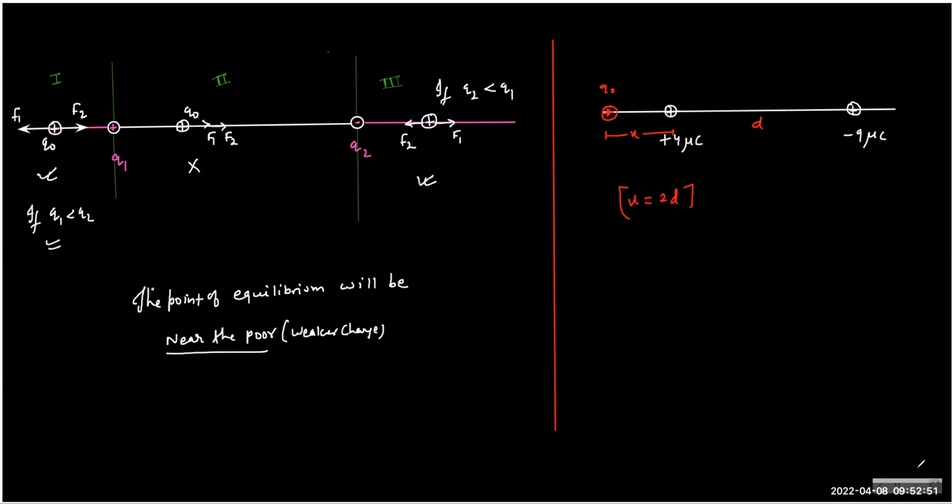So let's say this is Q1 and we have Q2, and this is the D separation.